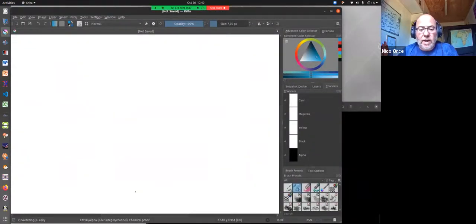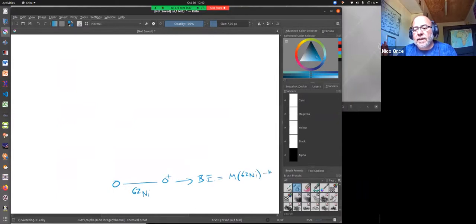The first one is our ground state, which is 0 for nickel 62, but we know it's not 0 because this is actually the binding energy, which is equal to the mass of nickel 62 minus the masses of the protons and neutrons. So it has a negative energy, which corresponds to the binding energy of nickel 62. There's no such thing as zero energy in quantum mechanics.